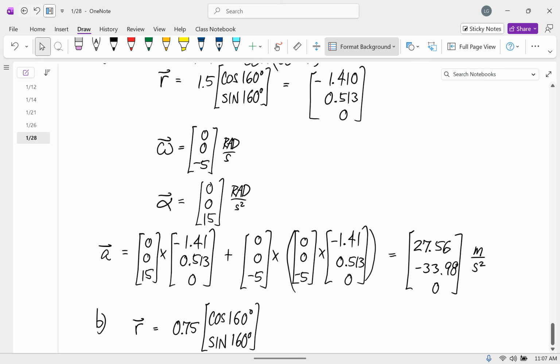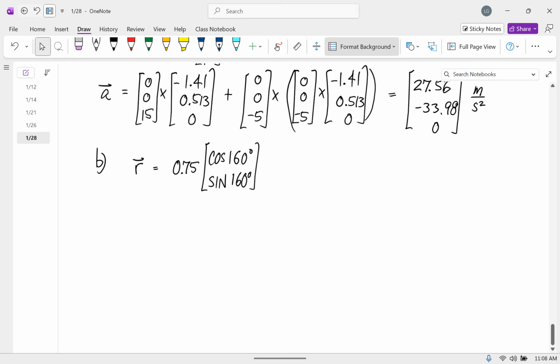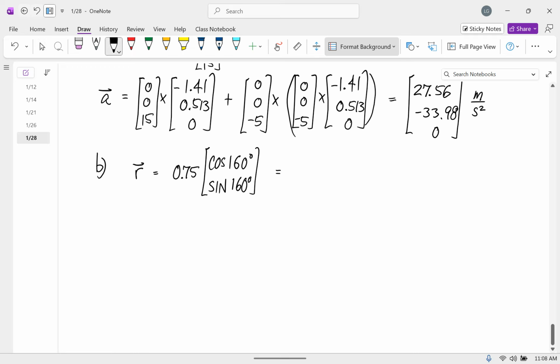And that is just going to be half of each of these components. So we'll have negative 0.705, positive 0.257, and then 0.